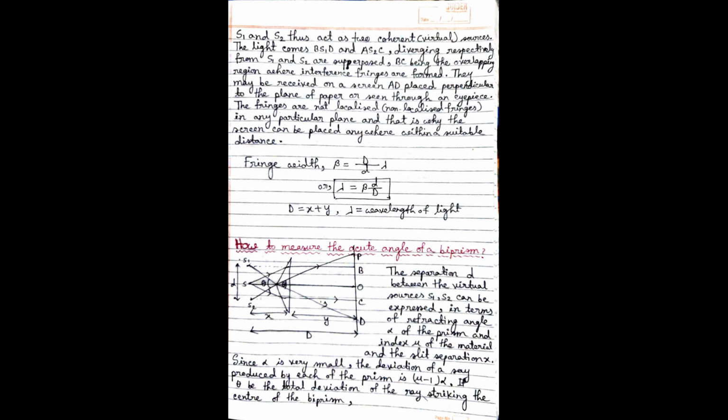If theta is the total deviation of the ray striking the center of the biprism, then one can write half theta equal to mu minus 1 alpha. And as theta is very small, we can write d equal to x into theta.